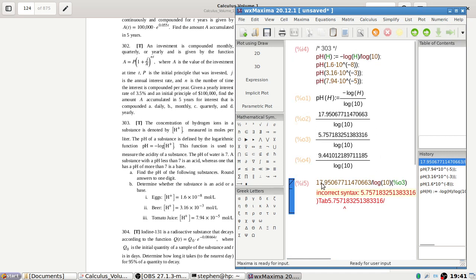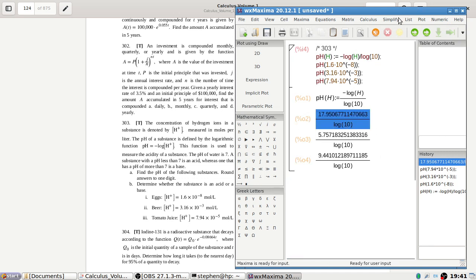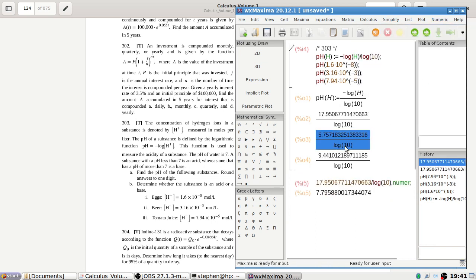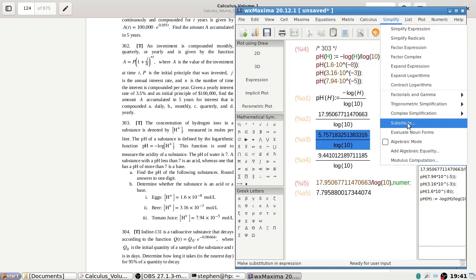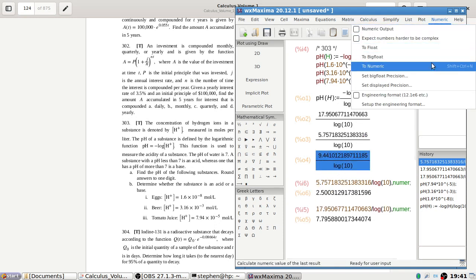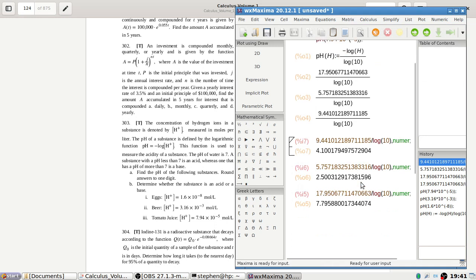Ah, can't do it all at one go, huh? Okay. Don't know why it prints it backwards, but anyways, so it's 4.1, 2.5, and 7.8. Let's see if that's right.